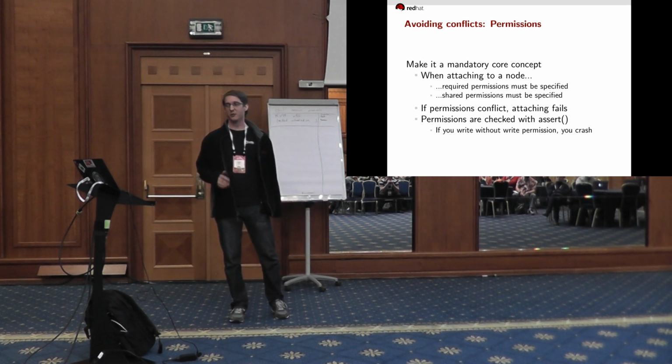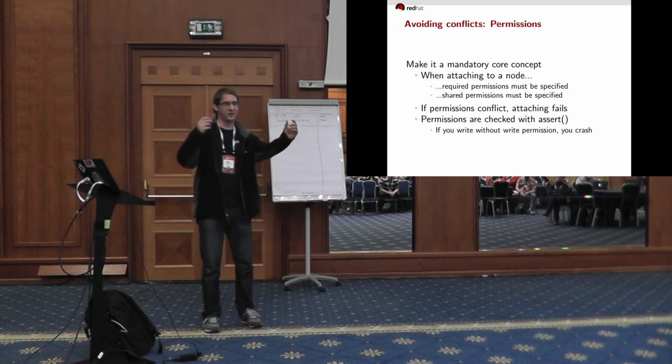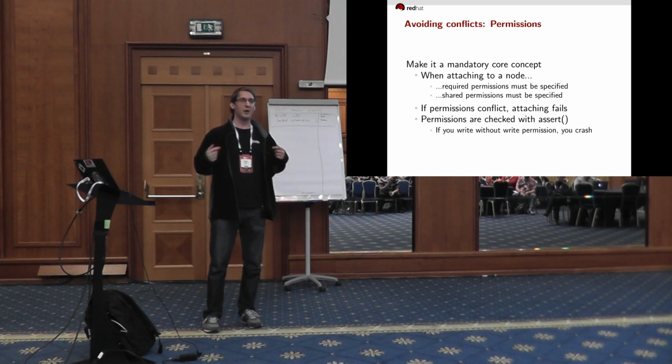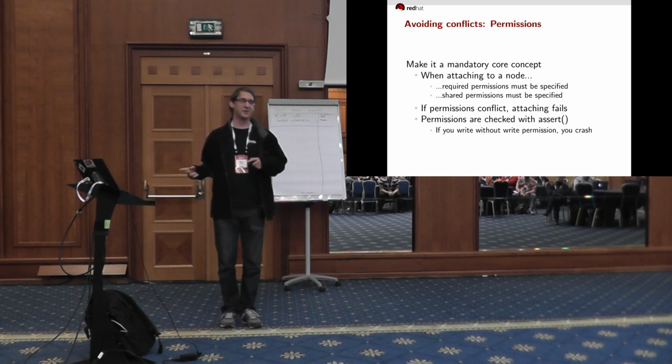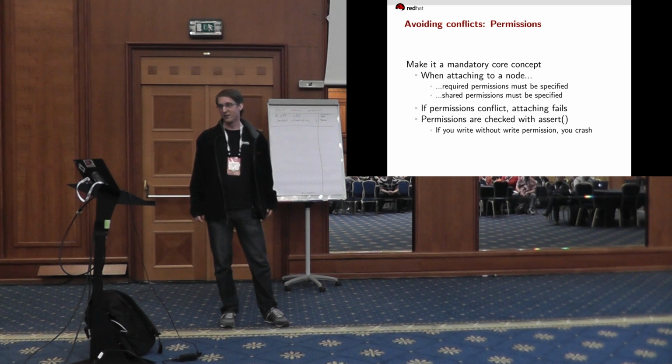So now it's a mandatory core concept. When you take a reference to a node, when you're attaching it to something, you have to specify which operations do I want to do on this node, and which operations can I tolerate that others do on the same node while I'm active. And this is actually checked.